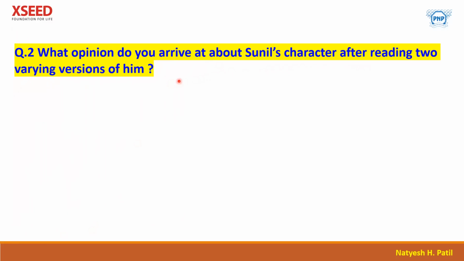So just think about this question and answer. Pause the video and write your own answer. Once you are done, you can cross-check with the sample answer I have given. That doesn't mean you are supposed to write the same answer. Your answer may be different. That is going to be your own opinion about Sunil after reading both diaries, Sunil's as well as Anu's.